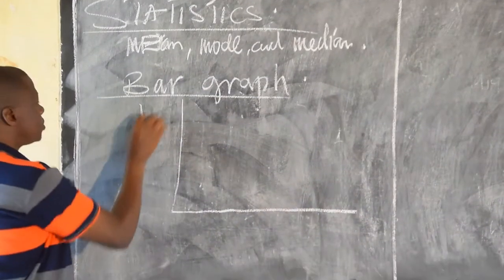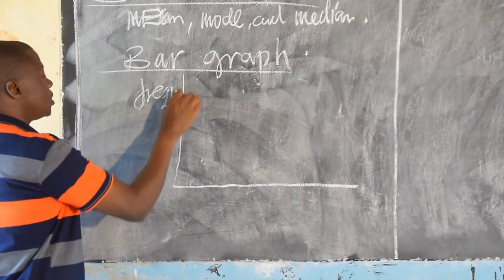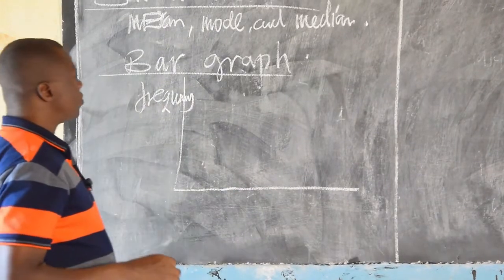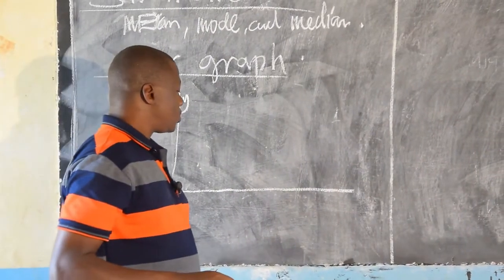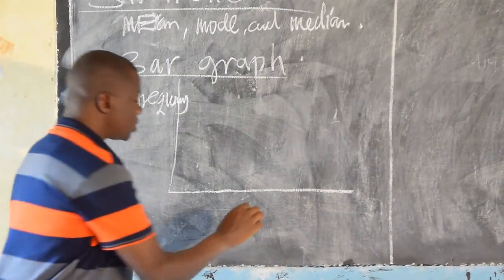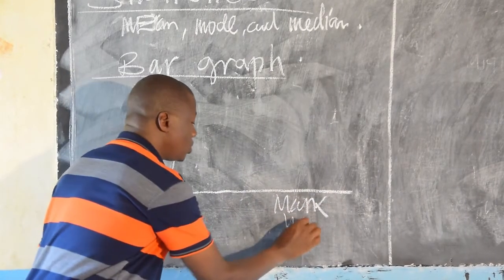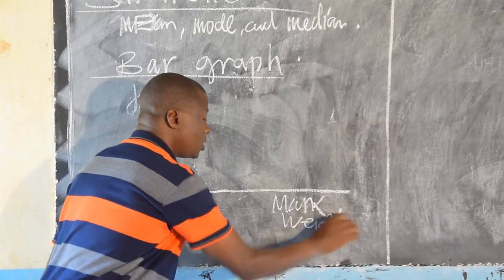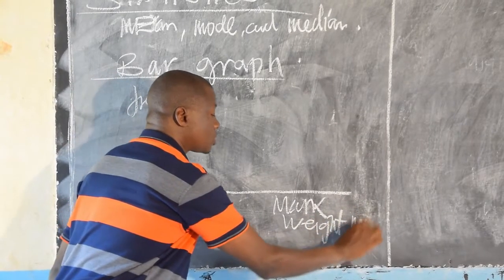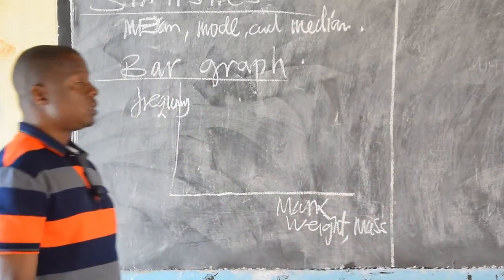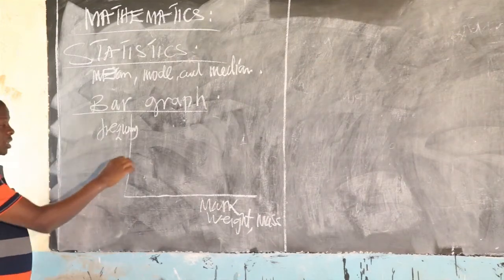For this case, we are supposed to have frequency on the vertical axis, whereas on the horizontal axis we can have marks, weight, mass, etc. When you are drawing bars, we have different bars.